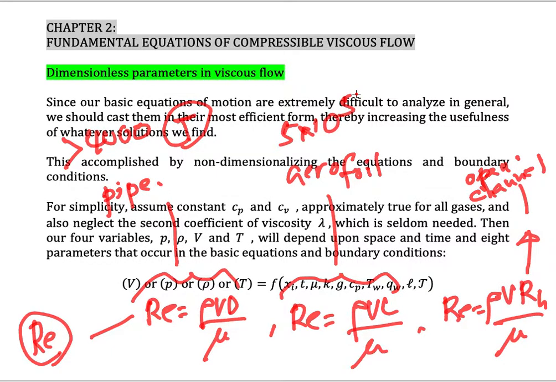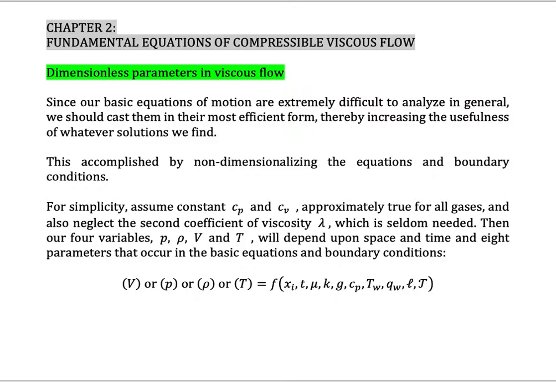And if you are using open channel, they use around 1,000 or 500. So you need to be very particular in using all the dimensionless numbers. In this topic, I will not show you how to solve problems in dimensionless form in the normal way.